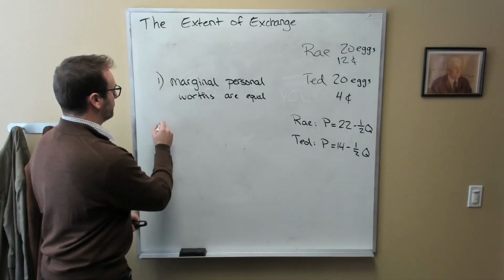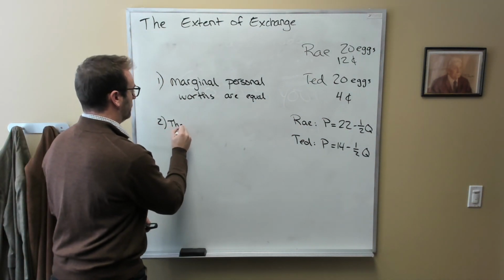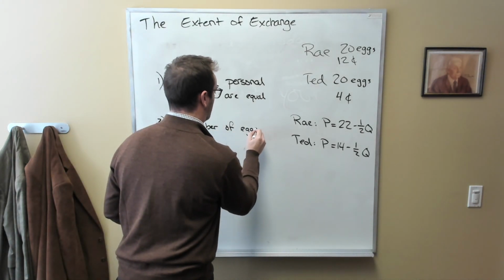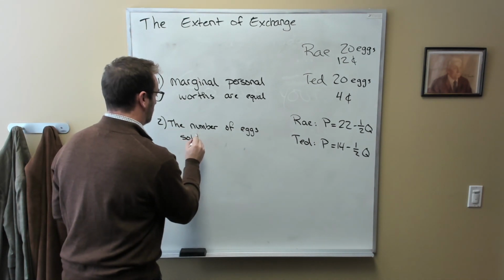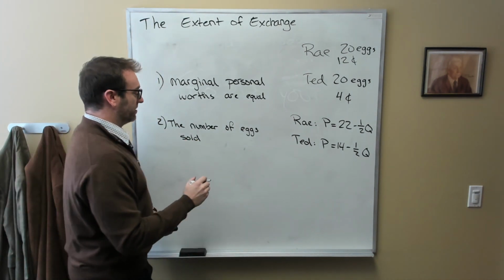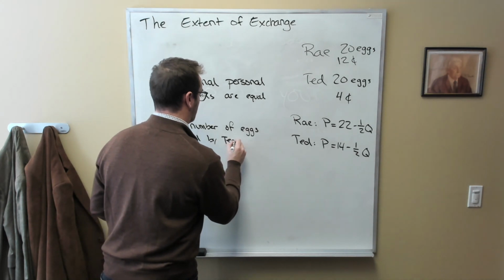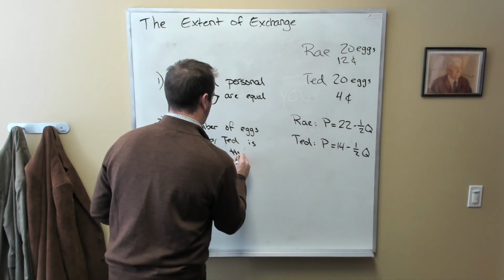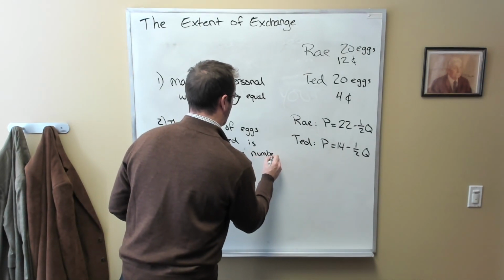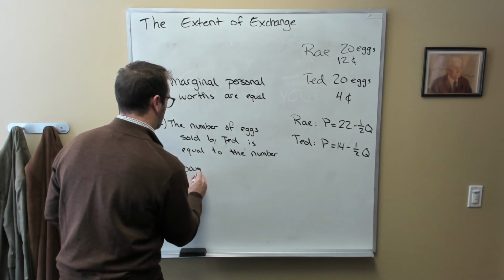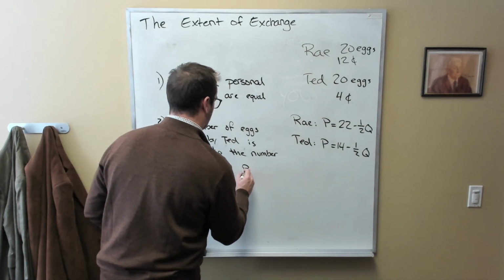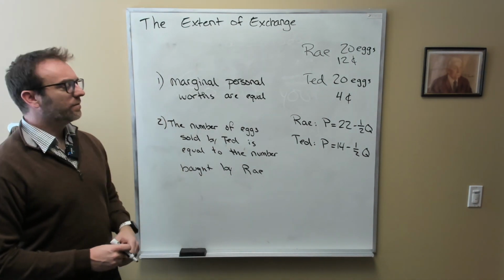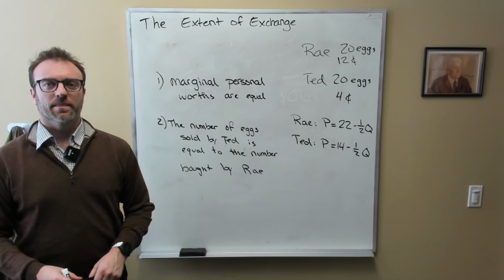Second, we should find a point where the number of eggs sold by Ted is equal to the number bought by Ray. So we want to find some point where both of these conditions are met.